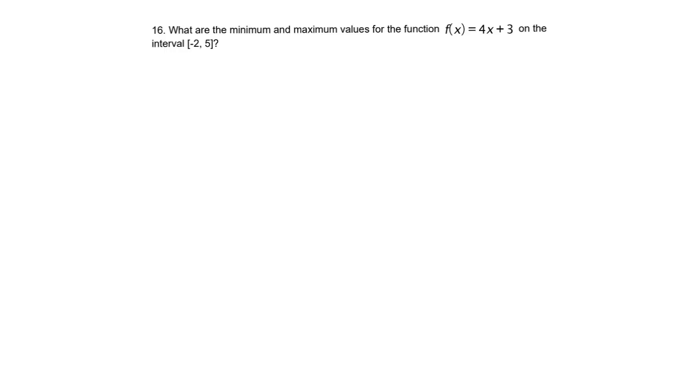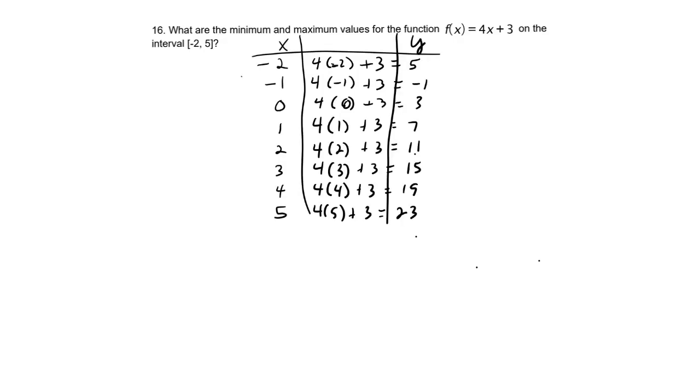Okay, what are the minimum and maximum values for f of x equals 4x plus 3? So go ahead and make a table. Okay, you notice I made a table, and the interval is from -2 to 5. Well, actually 5 is not the lowest. Wait, I lied. That's -5. 4 times -2 is -8, plus 3 is -5.